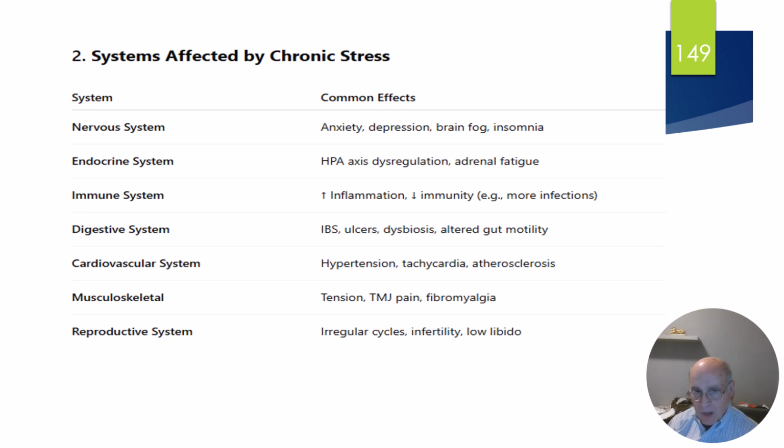Digestion: IBS, ulcers, dysbiosis, altered gut motility, which is under the control of the vagus. Cardiovascular system: hypertension, tachycardia, and atherosclerosis. Musculoskeletal: increased tension, TMJ pain, fibromyalgia. Reproductive system: irregular cycles, infertility, and low libido.